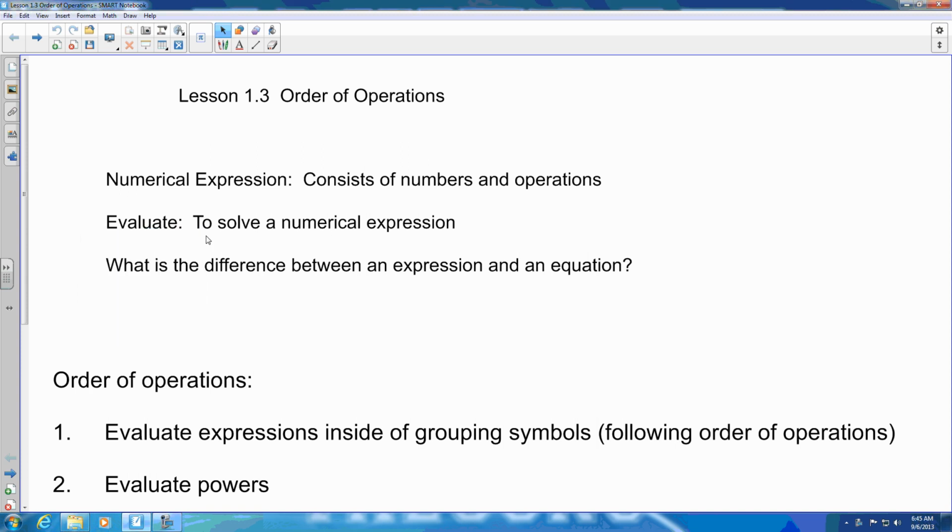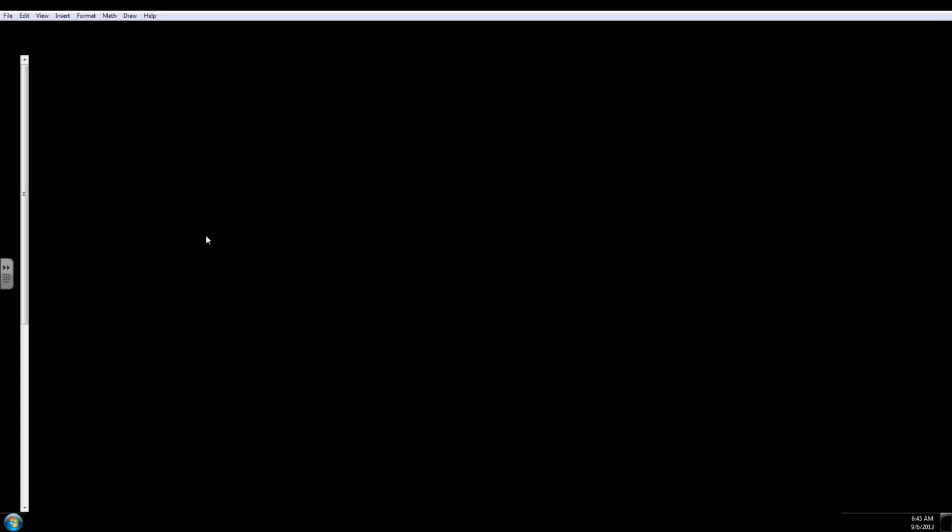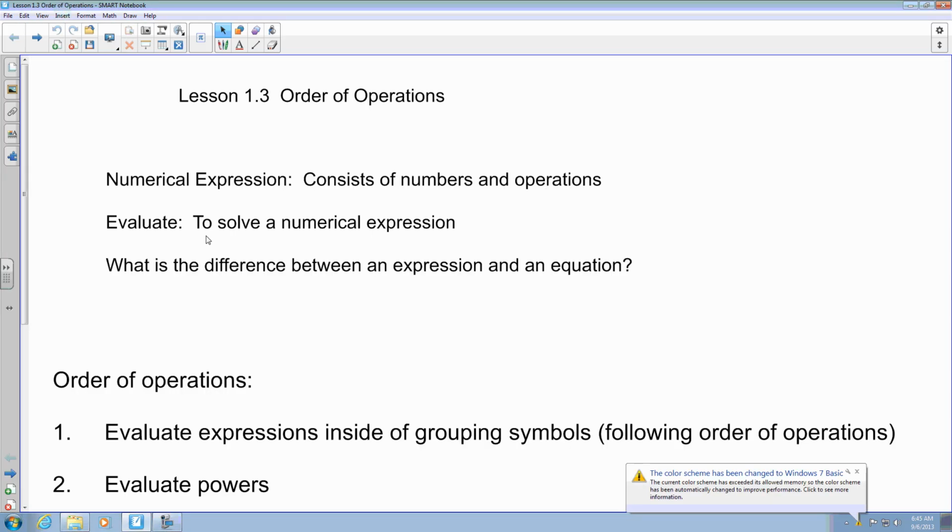All right, we're in section 1.3 where we're going to be talking about order of operation. Order of operation is a process in mathematics where there is a specific order in how we end up solving the problems.